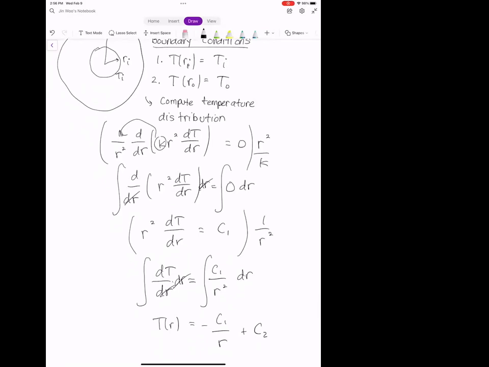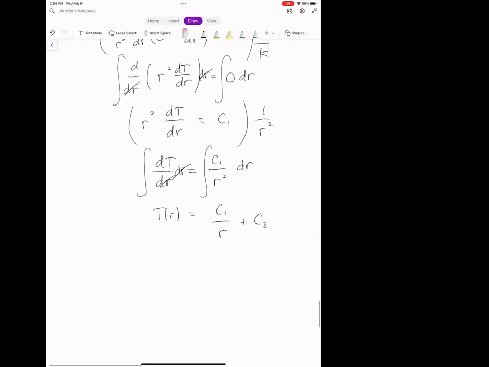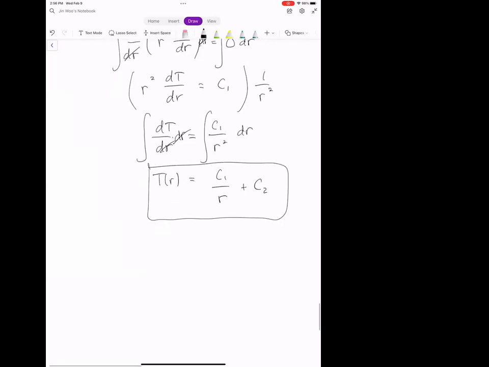But since we haven't specified the value for C1 yet, I'm just going to take this negative 1 and lump it together with C1. Just because if we don't have to deal with the negatives, it's okay to not have to deal with it. And so we have this as our temperature distribution at this point. Any questions on how we got here?